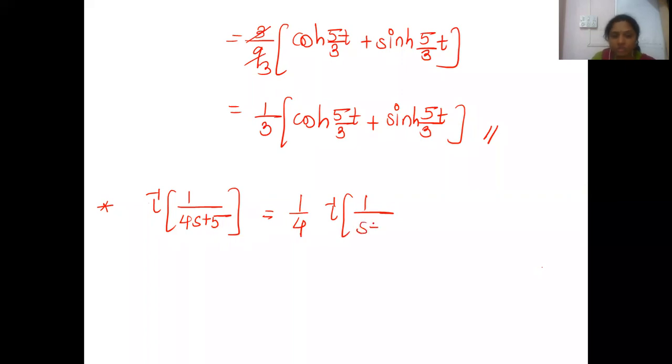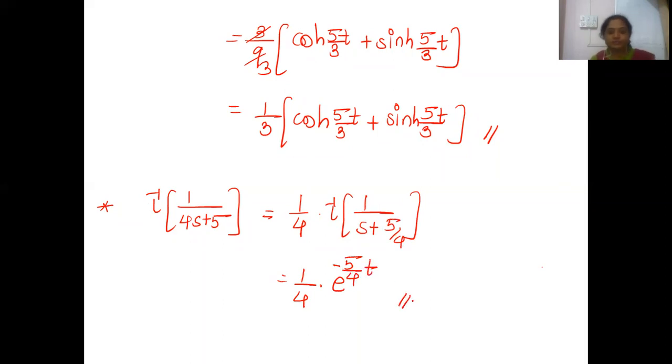So here it is s, and here what will it be? 5 by 4. Correct. So it is 1 by 4 into 1 upon s plus a, e raised to minus 5t by 4. Done. If it were negative here, it would be plus here. That is the only change.